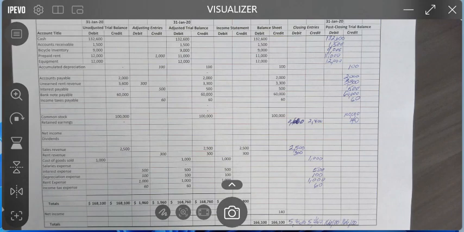And of course, by virtue of posting the closing entries, we readied the temporary accounts for the next period. I should have mentioned, of course, we also post those adjusting journal entries, record them to the ledger and post them to the journal. And that's the accounting cycle.